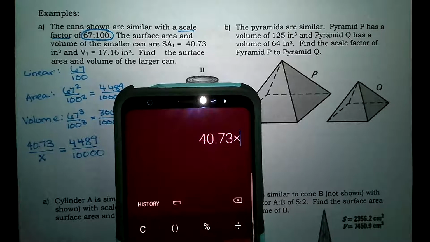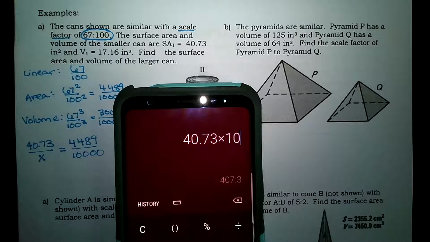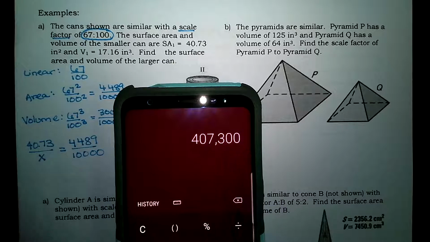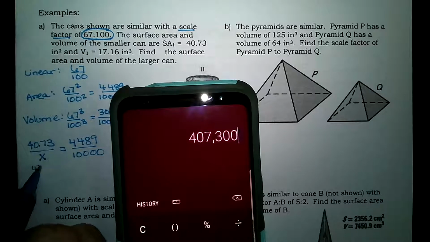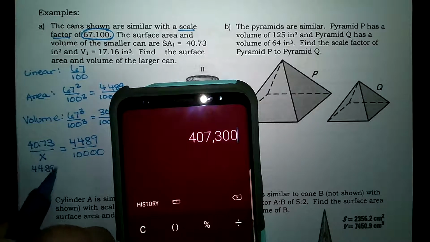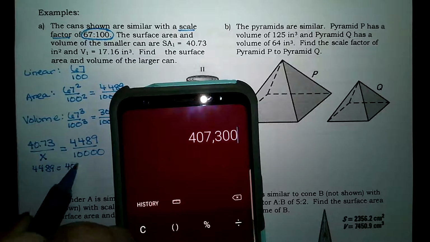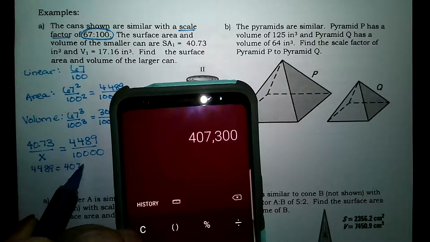40.73 times 10,000 is 407,300. So I would have 4,489x equals 407,300.